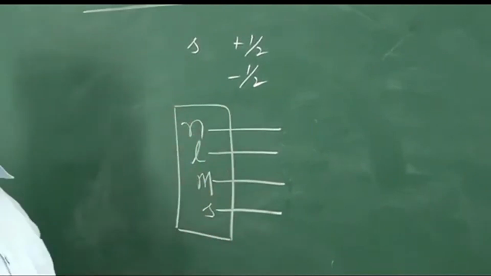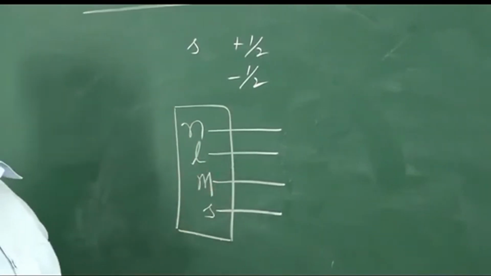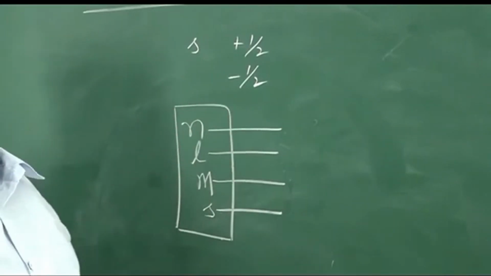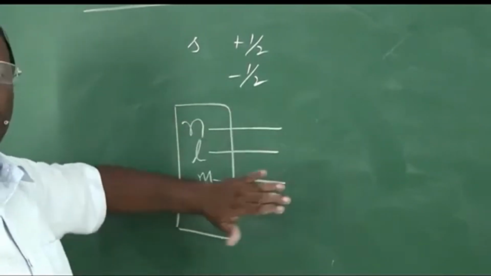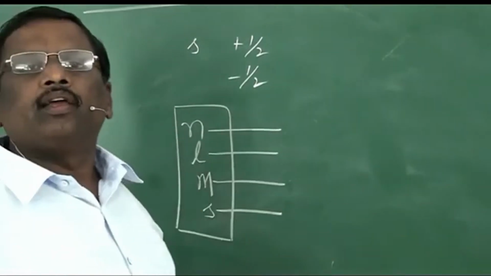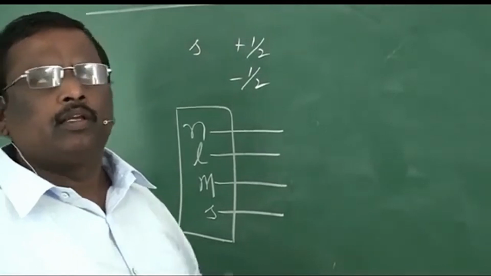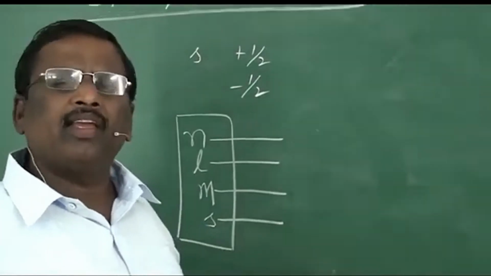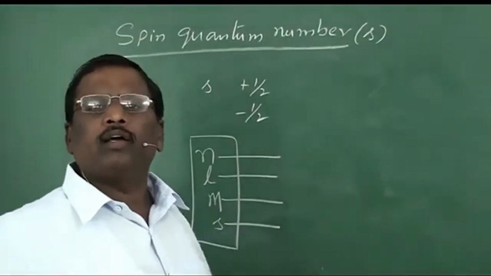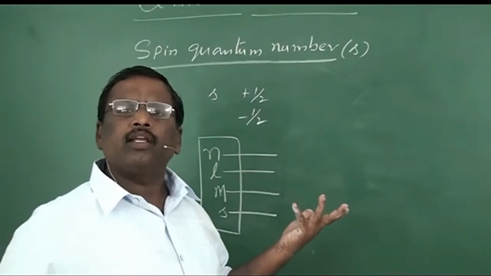These four quantum numbers are required to explain a particular electron. Suppose you give all these four quantum numbers, then only you can identify that particular electron. For example, if you just say so and so person, where he lives, nobody can say. If you simply say in Vijayawada, it's not fine because it's a city.